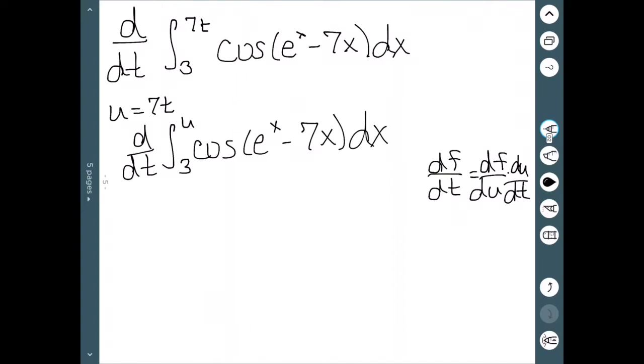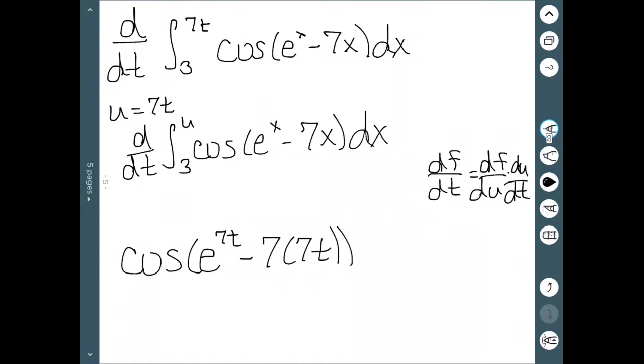So essentially what this says is if we want to find an antiderivative with something like 7t as the upper bound, we would have cosine of e to the 7t minus 7 times 7t, and that would be the df du. The du dt is just the derivative of u. So we would then multiply by 7.